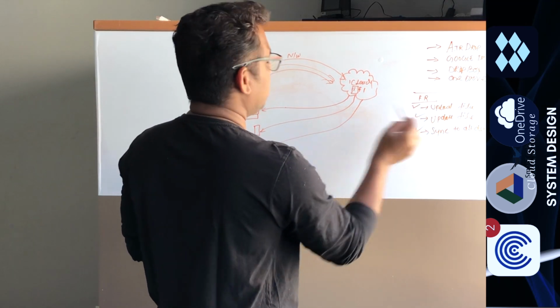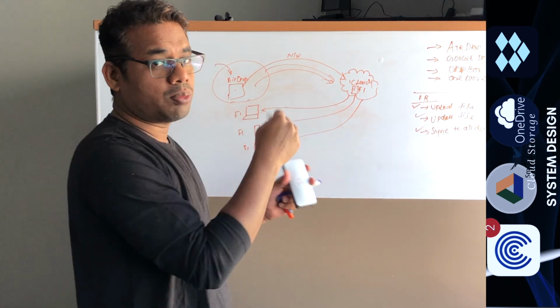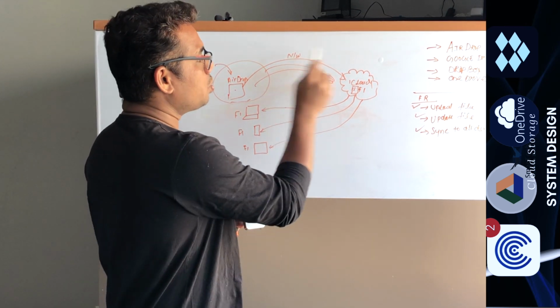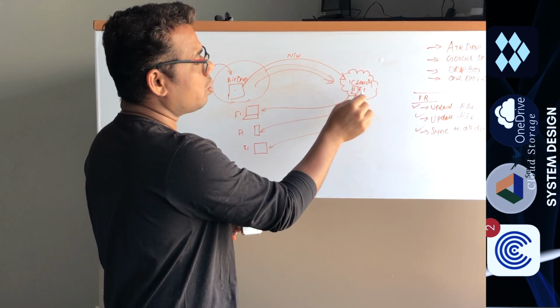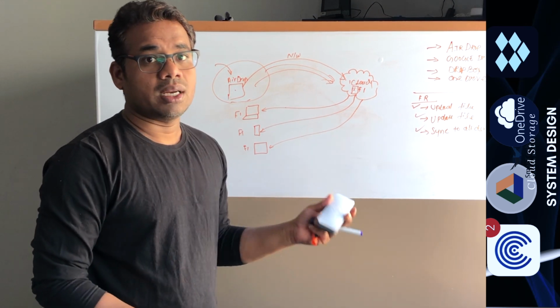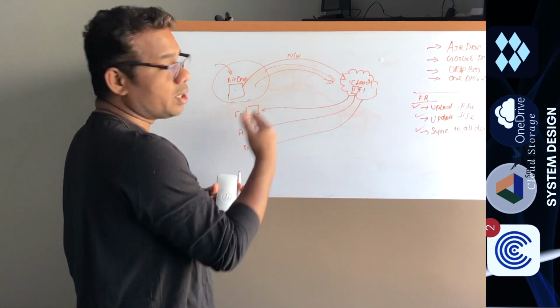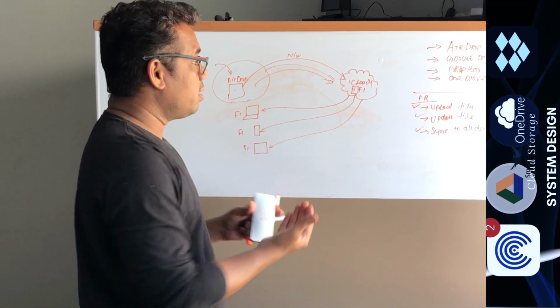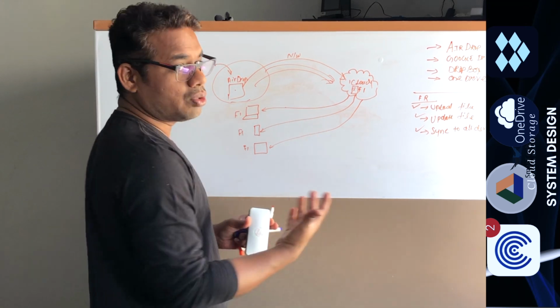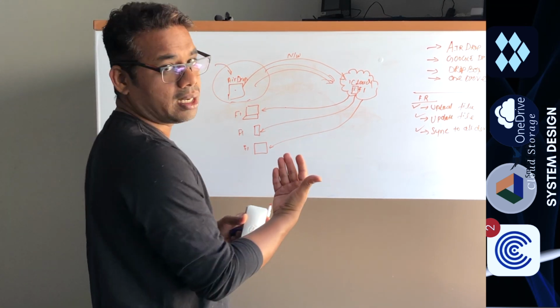And uploading files: whenever a user uploads any file, it should be able to store into the cloud storage system. This is what we're going to design, the actual technique behind the scenes.